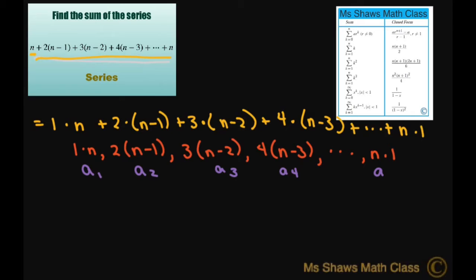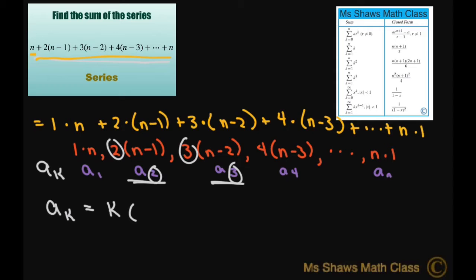So if we look at a sub k and look for the formula, let's look at this one and maybe this one. Basically, these numbers match, right? So our formula would be k times n minus, now if you match these numbers up, and this is k, this would be k minus 1.